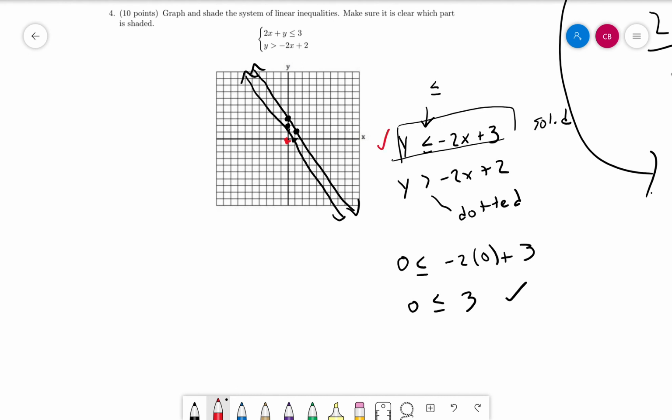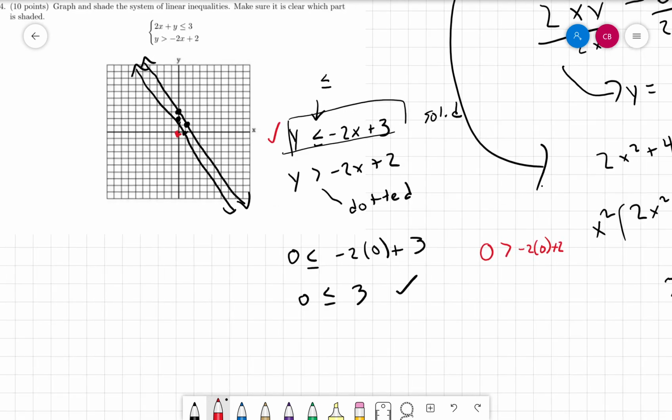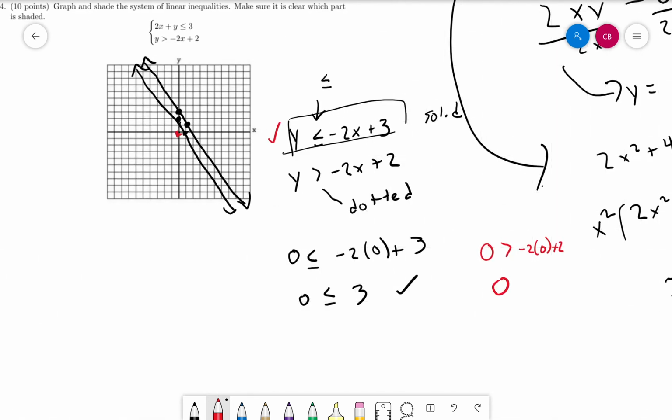And if we do the other one, 0 is greater than negative 2 times 0 plus 2. Well, 0 is not greater than 2, so it can't be on this side. So it fails one of them, but it passes the other one.